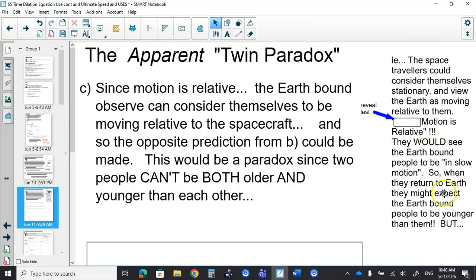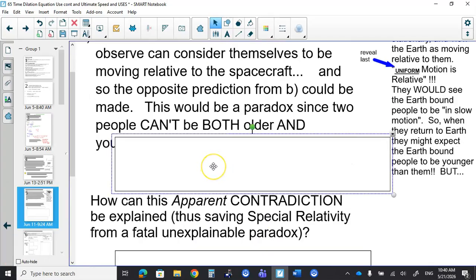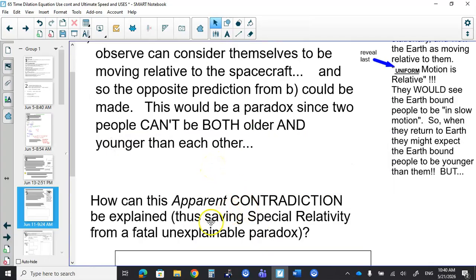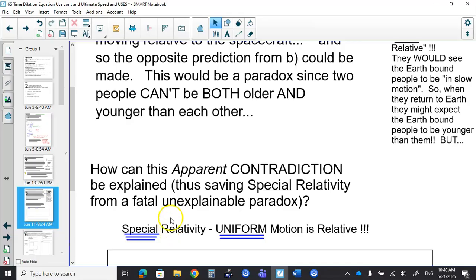So, when they return to Earth, they might incorrectly expect the Earthbound people to be younger than them. So the catch is that uniform motion is relative. Okay, so how can this apparent contradiction be explained, thus saving special relativity from an unexplainable, illogical paradox that means it's not true?